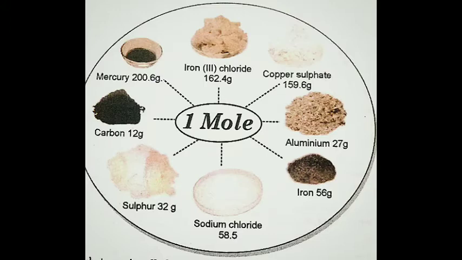For aluminium 27 grams makes 1 mole. Iron 56 grams makes 1 mole. Sodium chloride 58.5 grams per mole. Sulfur 32 grams makes 1 mole. For carbon 12 grams make 1 mole, and for mercury 200.6 grams make 1 mole. So I hope it is clear what 1 mole means.